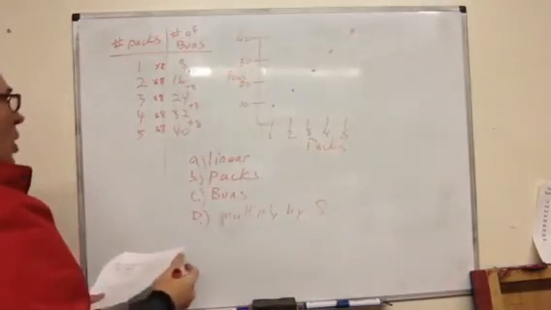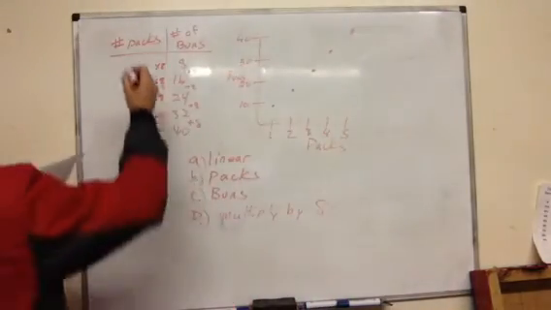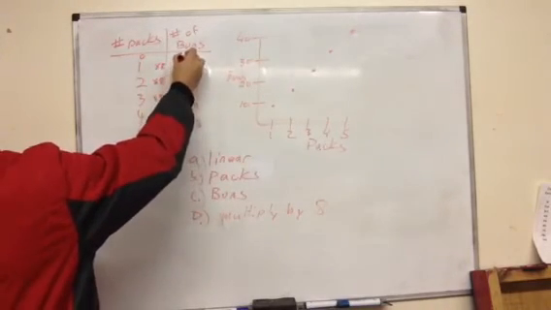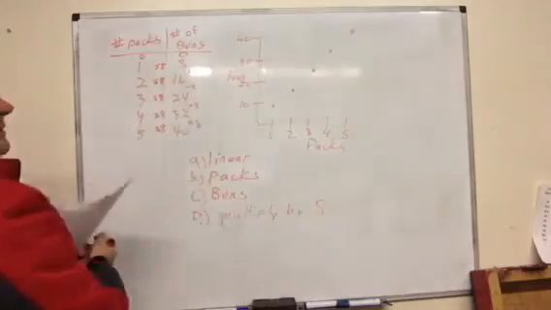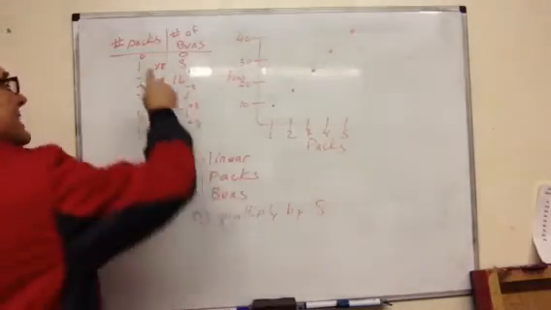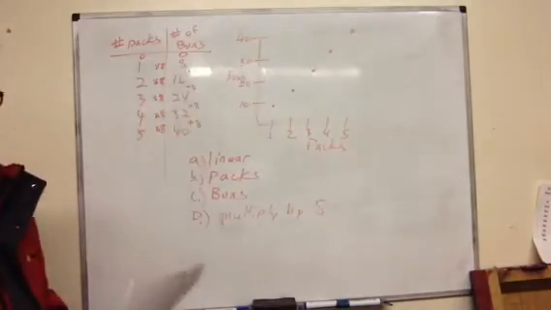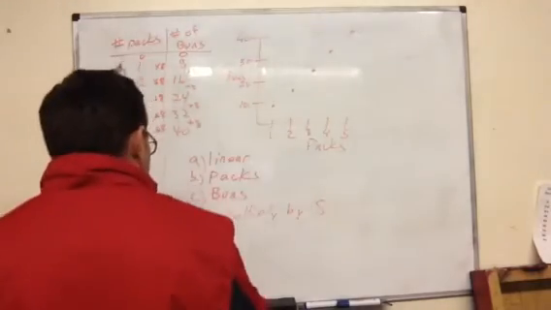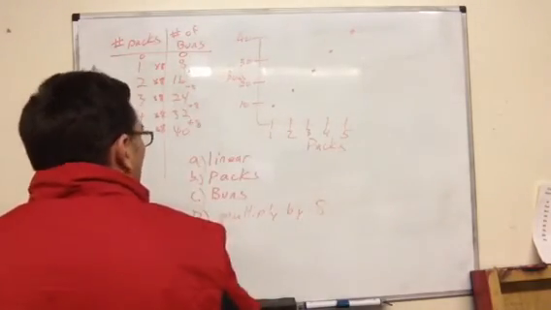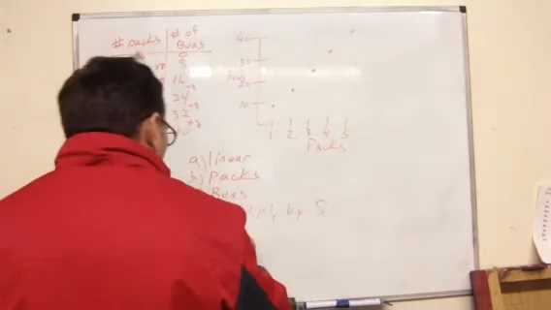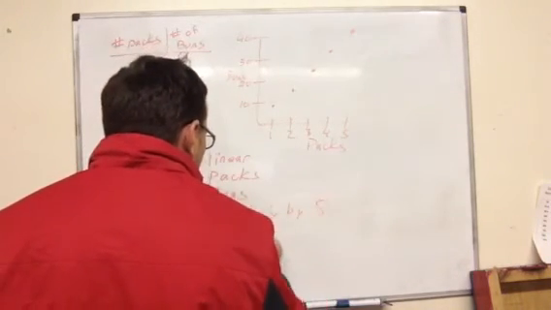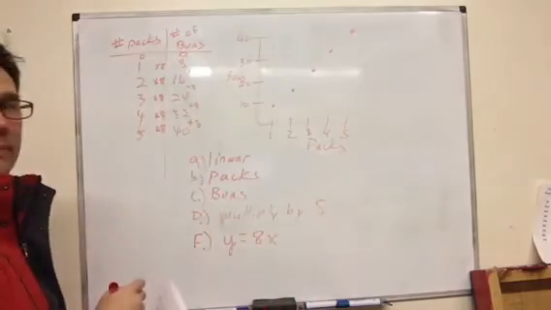The next question is, well, what if there's no packs? If we're adding 8 going this way, we want to subtract 8 to get back to 0. Now, this isn't always 0. Again, we're just starting to learn this. A lot of times it will be. So again, we're starting at 0. So therefore, our function would be y equals 8 times x.